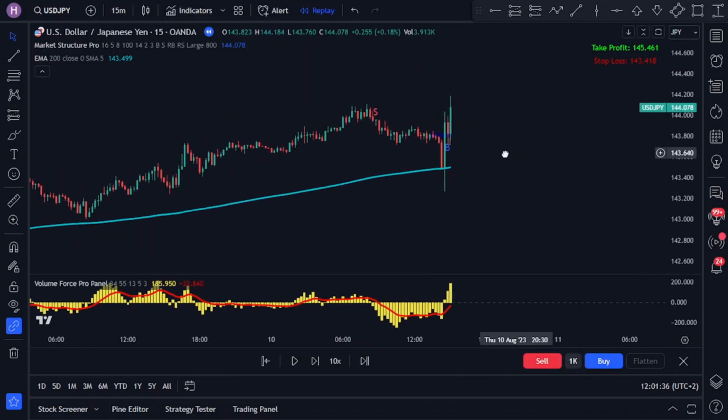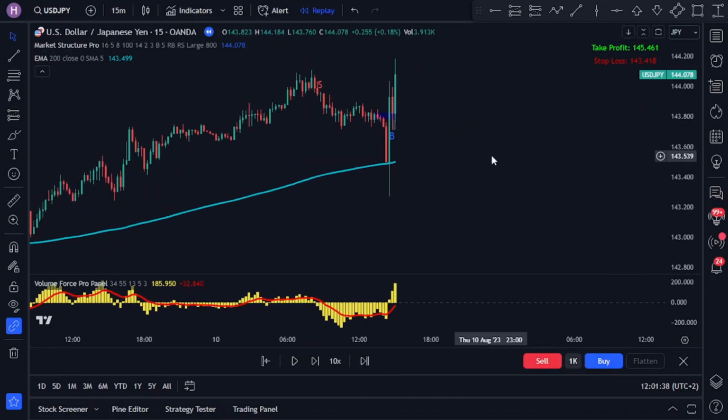Now, following the same rules as before, we are only interested in buy signals above the 200 EMA. And then from price action, we observe a strong rejection away from a support zone, with the Market Structure Pro giving us a buy signal.